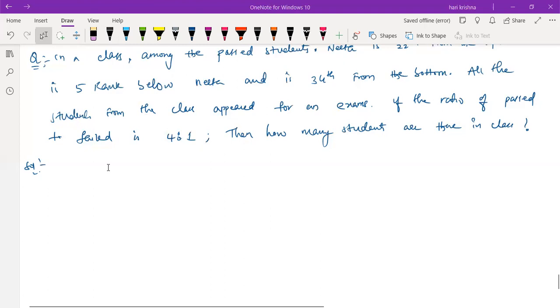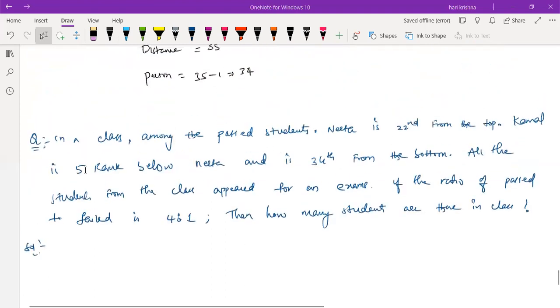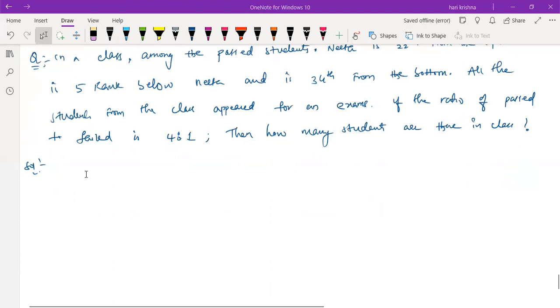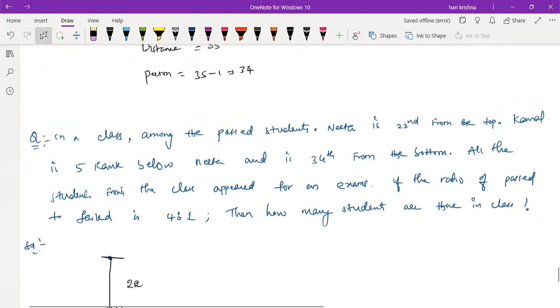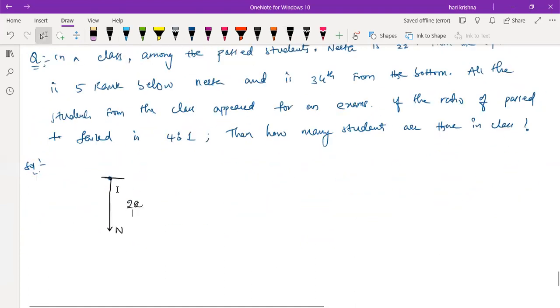So in a class, suppose passing students are there. In that, Nita is 22nd from the top. If you take this as the top, from here Nita is 22nd. One more thing is given: Kamal is 5 ranks below Nita.